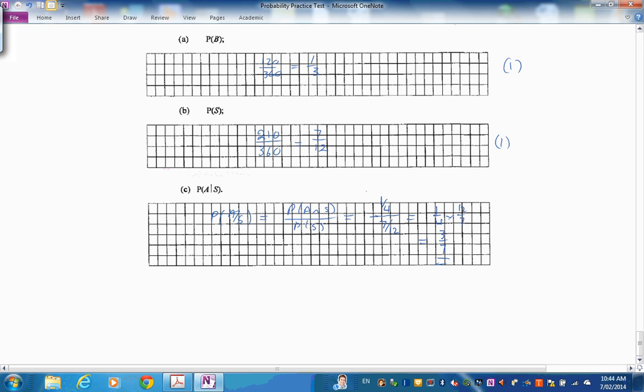And there'd be 3 marks for that, 1 there, 1 there, and 1 there, or just 3 for the answer if you sussed it out by going up above in the top bit. All right. Okay, so I was right with the quarter. A has to occur and S has to occur.